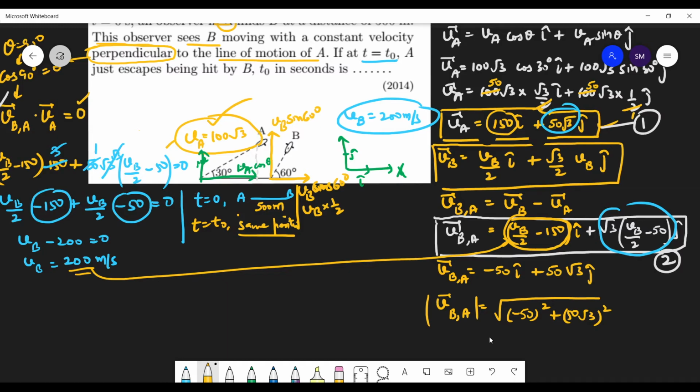So students, this comes out to be 50 square plus 3 times 50 square, so total it's 4 into 50 square. So that comes out to be 2 into 50. So this is the relative velocity.